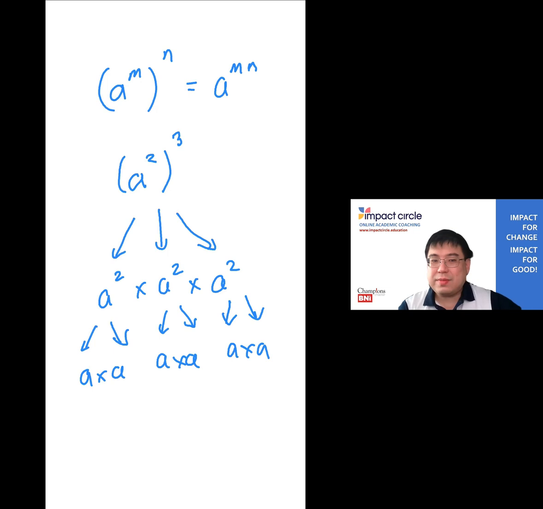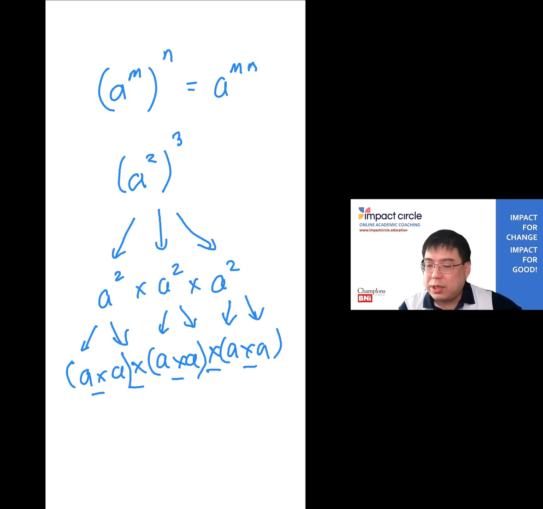Because of this, you can see that what we have is 3 groups of 2. Let's remember that all these are multiplication, and all of them are the same sign, so it doesn't matter whether the multiplication is in this group or in that group. Everything is multiplied together.